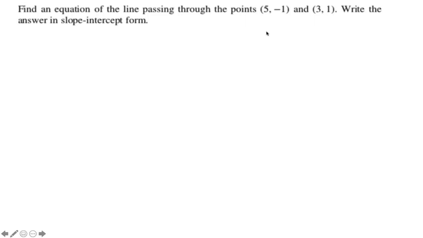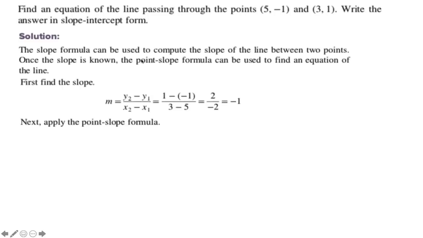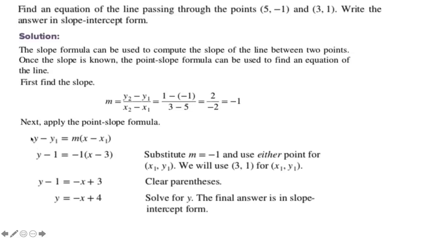Okay, so we want to find an equation of a line that passes through these two points. First we need to find the slope, which is given by change in y over change in x. For example, I can say 1 minus -1 divided by 3 minus 5. If I do that, I get 2 over -2, which is -1. So that's the slope. Now we can use the point-slope formula: y minus y1 equals m times x minus x1.